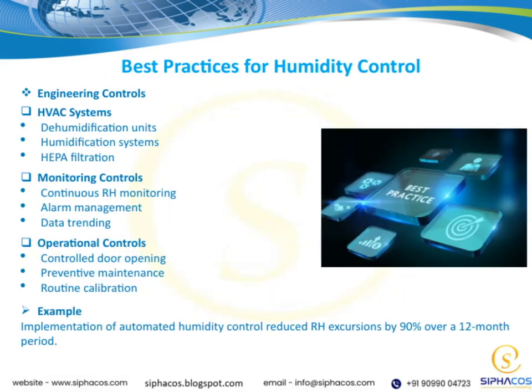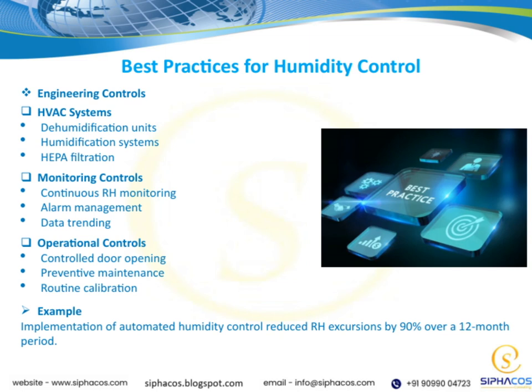When it comes to controlling humidity, there are 3 key areas we focus on: engineering, monitoring, and operational controls. Engineering controls include HVAC systems, dehumidifiers, humidifiers, and HEPA filtration, all designed to manage the environment actively.